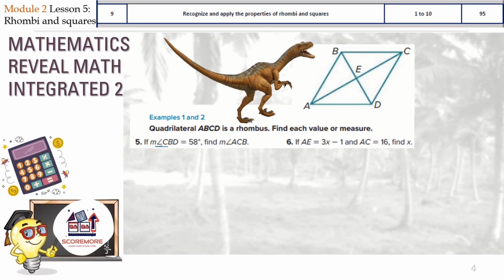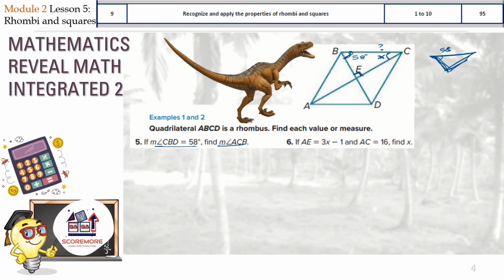Let's move on to question number 5. Measure of angle CBD, it's 58 degrees. We are supposed to find measure of angle ACB. Let's draw triangle BEC separately to find what is the missing angle.